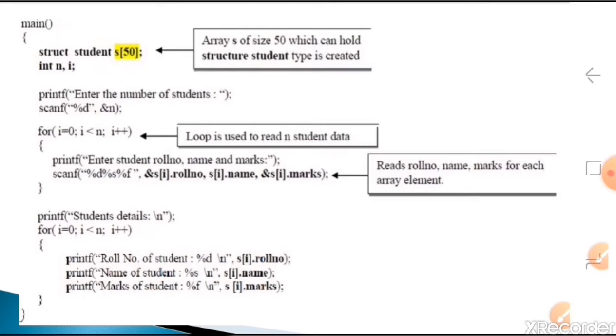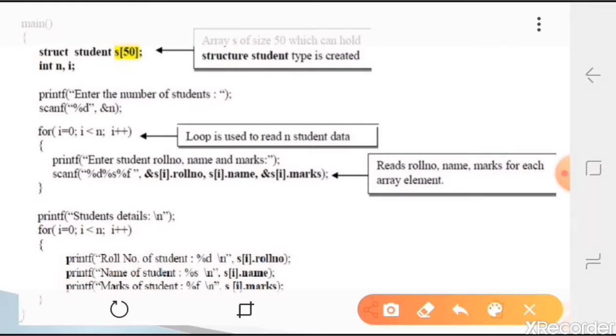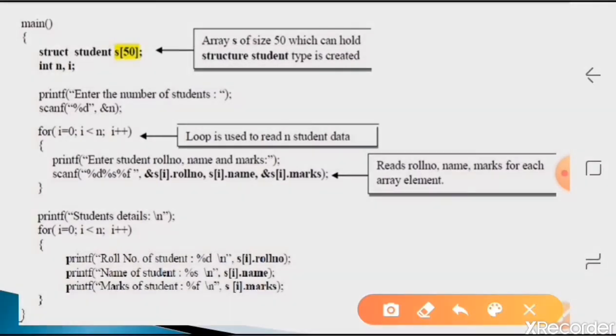I gave the array name as s. So s[50] means 50 students' information can be kept, that is, 50 students' roll number, name and marks. First we ask the user to enter the number of students.